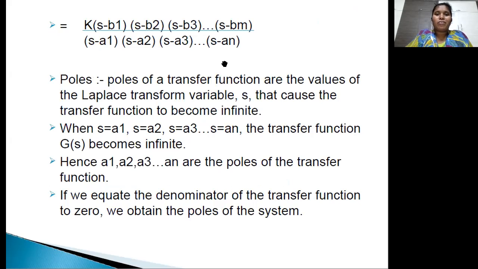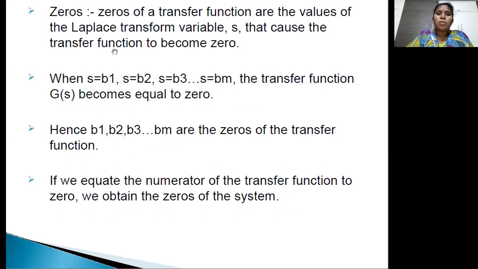Zeros are nothing but b1, b2, b3 and so on, bm, and poles are nothing but a1, a2, a3 and so on, an. If you obtain any polynomial equation like s square plus 2s plus 3, then you have to obtain the roots of that equation and convert that equation into this form. Then you can find the poles and zeros easily. Okay, so this is about poles and zeros.